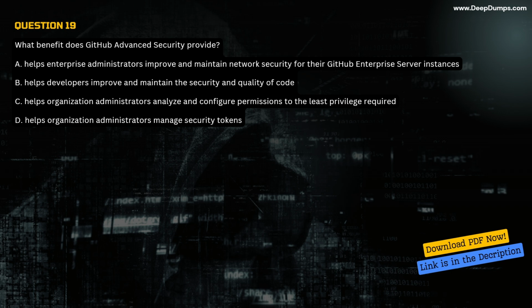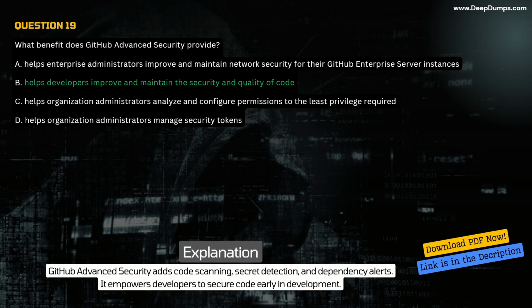D. Helps organization administrators manage security tokens. Correct answer, B. Helps developers improve and maintain the security and quality of code. Explanation. GitHub Advanced Security adds code scanning, secret detection, and dependency alerts. It empowers developers to secure code early in development.